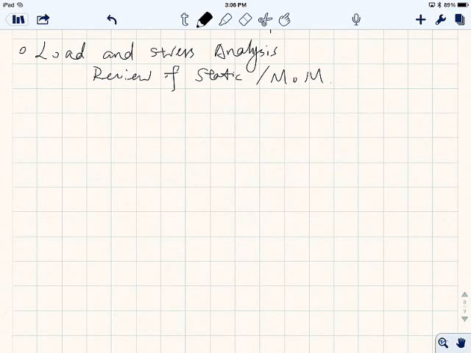So we have to learn it again in mechanical design, but I'll try to spend only about 1 week on this to go over the materials, and we'll try to have some little extension above what we learned before, right? Okay, so load and stress analysis. The fundamental behind it is equilibrium.